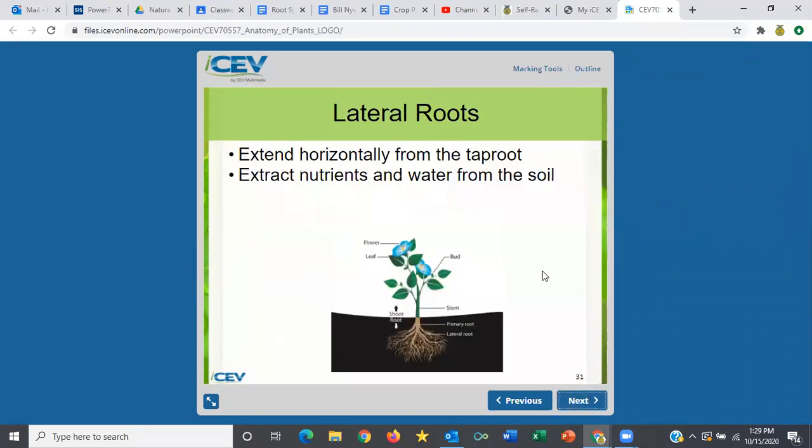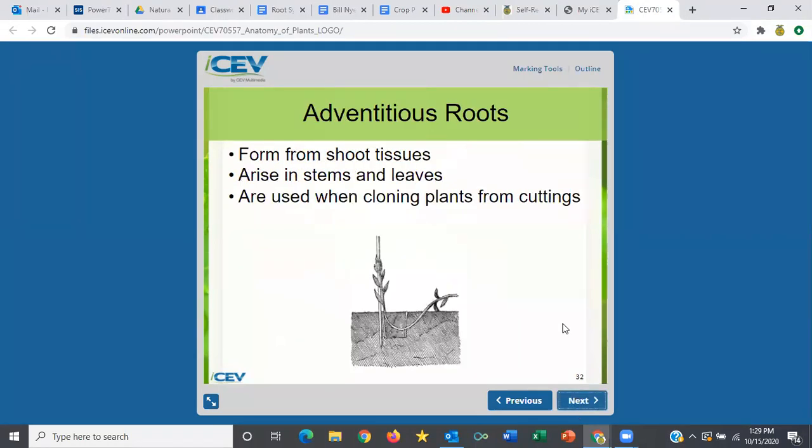Lateral roots are simply a characteristic of a root that's spreading out away from the plant itself. Adventitious roots are roots that grow from different parts. You'll see a lot of these types of roots with plants that spread very easily in your flower beds, that come out of the ground and then go back down and grow up as a new plant.